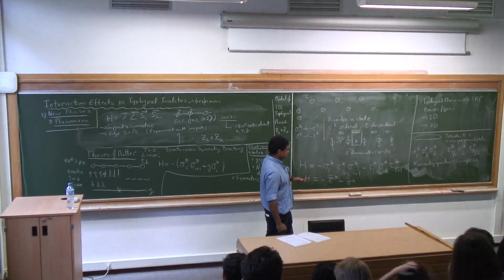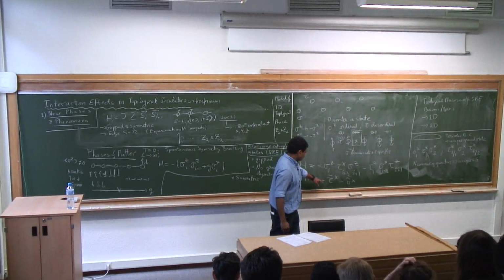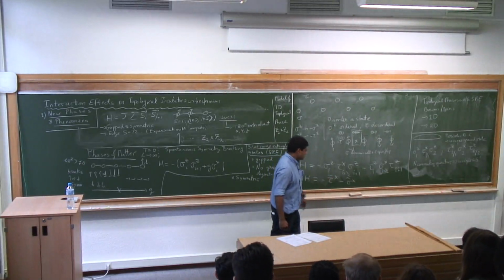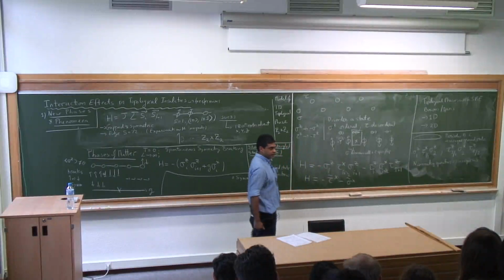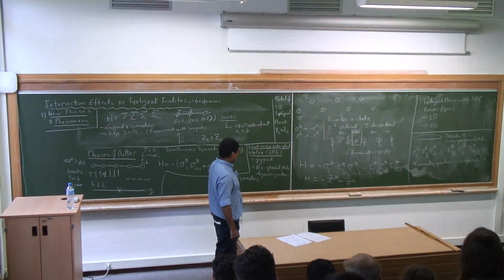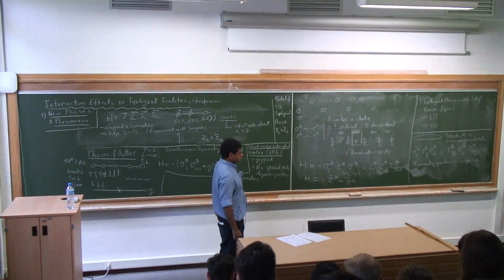So if you want to make an excitation, you've got to flip one of these modified operators, and that costs some energy. There's an energy gap. So this is short-range entangled. It satisfies these criteria. It's fully symmetric. It doesn't break the symmetry. So all we need to do now is to show it's not trivial.